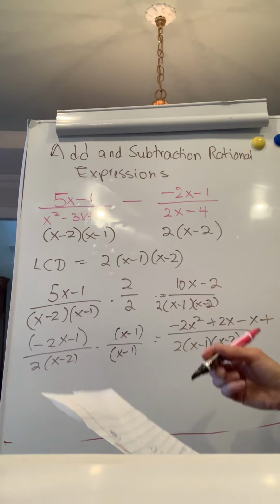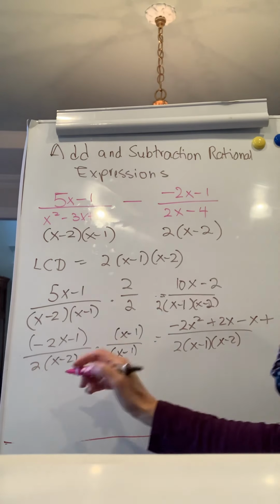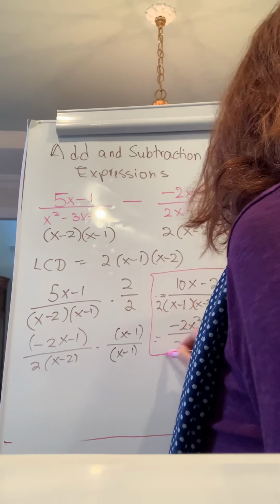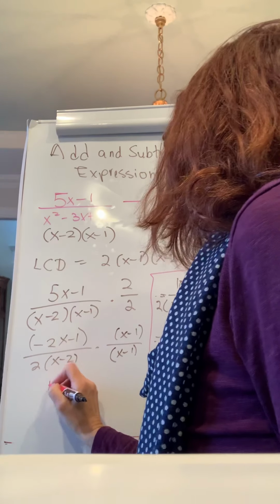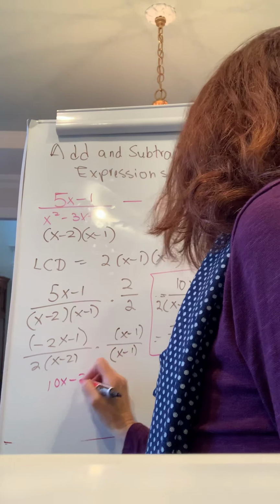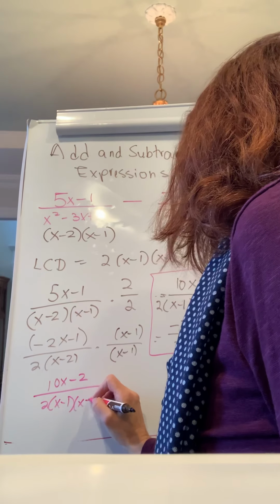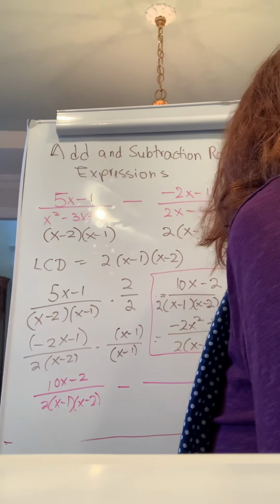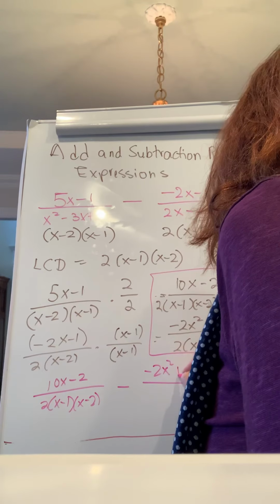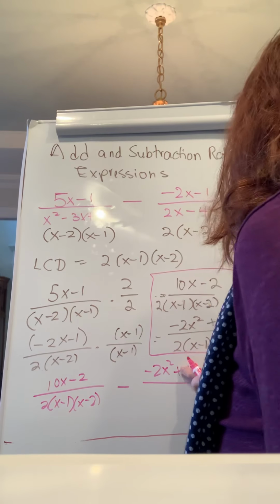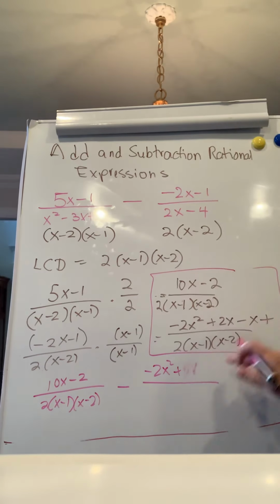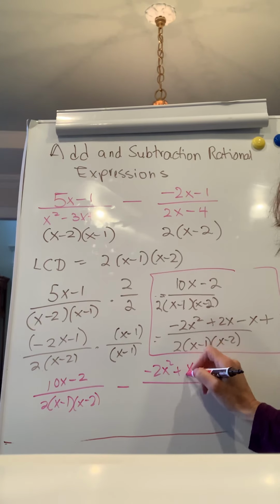So now I'm going to go back to my problem, and I need to subtract these because my original problem was subtraction. I'm going to combine the plus 2x and the minus x to get x.